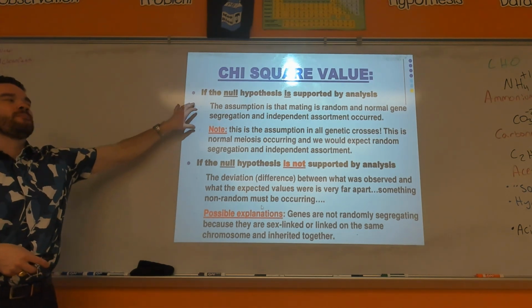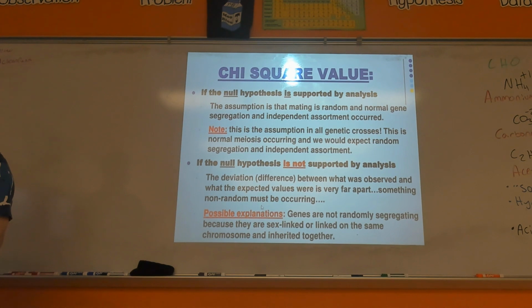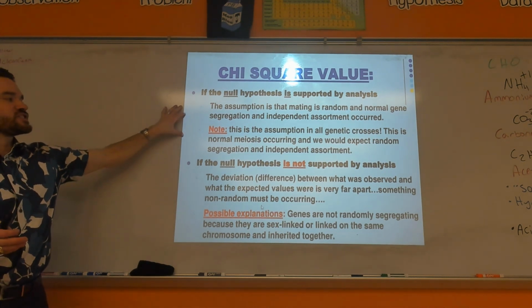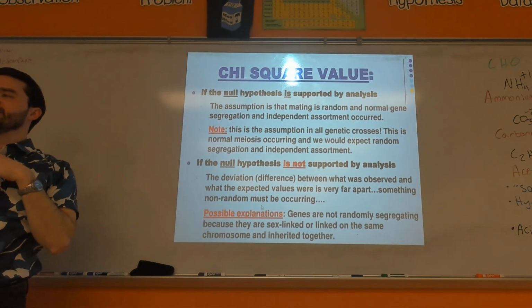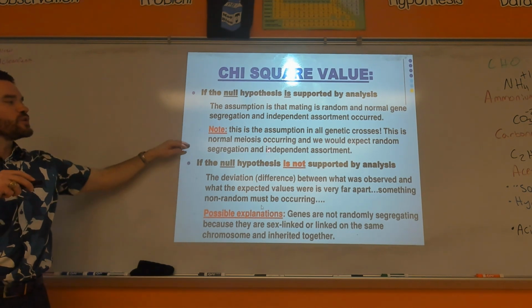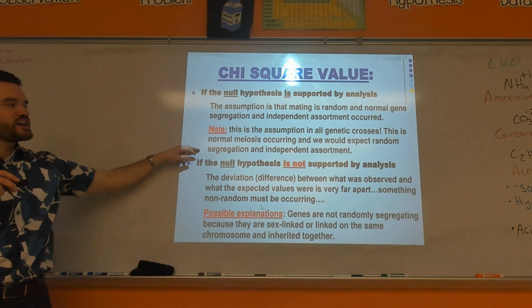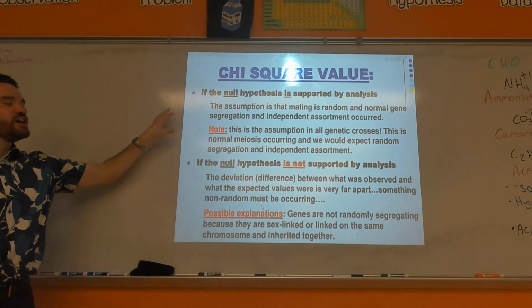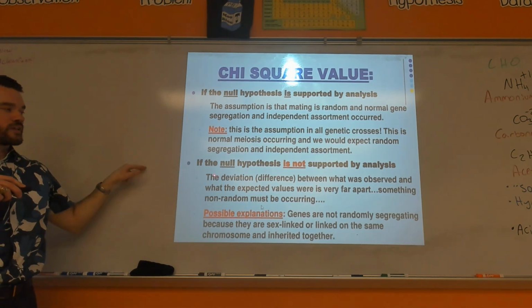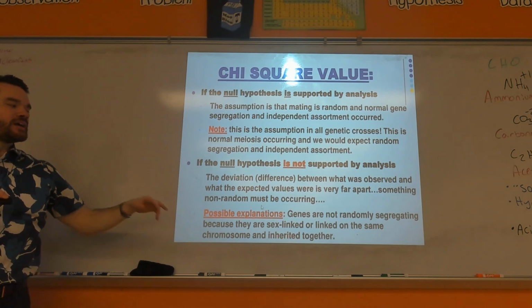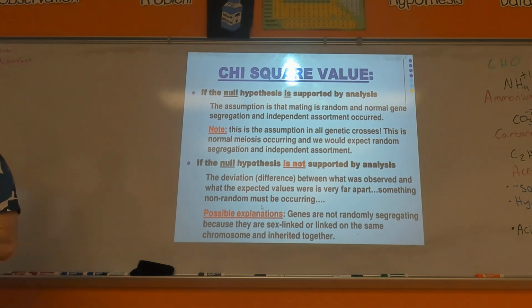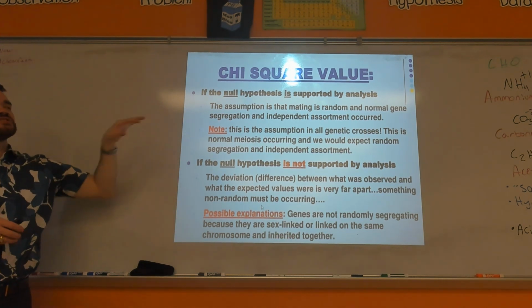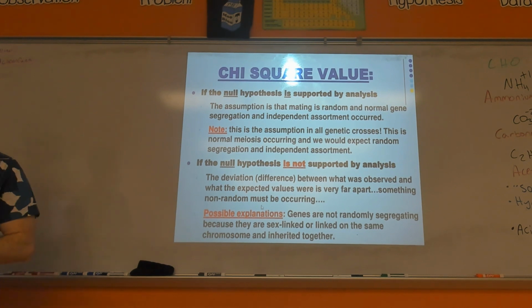In other words, the null hypothesis for genetics problems is typically that these genes are not linked. They are unlinked genes doing the normal random segregation and independent assortment. Everything is just going as it should. Whereas if you are not supporting the null hypothesis, that would mean that there's some sort of linkage happening. If that's a little confusing, we'll go through a sample problem and it should clear up a little bit for you.